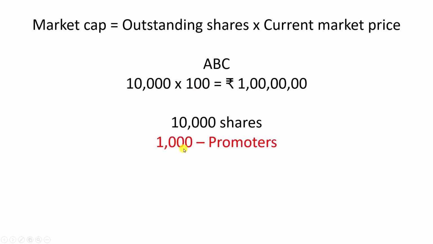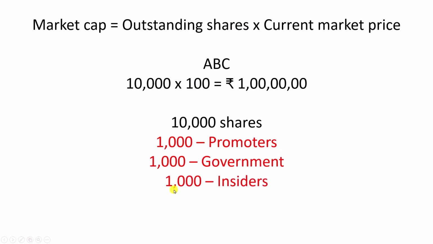1,000 shares may be held by promoters, 1,000 shares may be held by government, 1,000 shares may be held by insiders, meaning those who know the inside details of the company, and 500 may be held by the trust, for example an employee welfare trust.